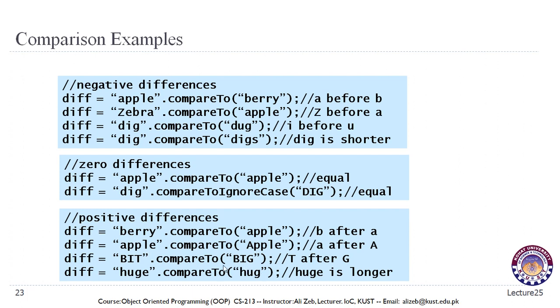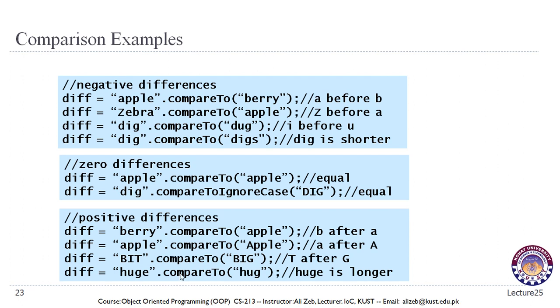Small apple compared to big apple should return a positive number, since small a comes after the capital A. Capital bit compared to capital big should return a positive number, since T comes after G.